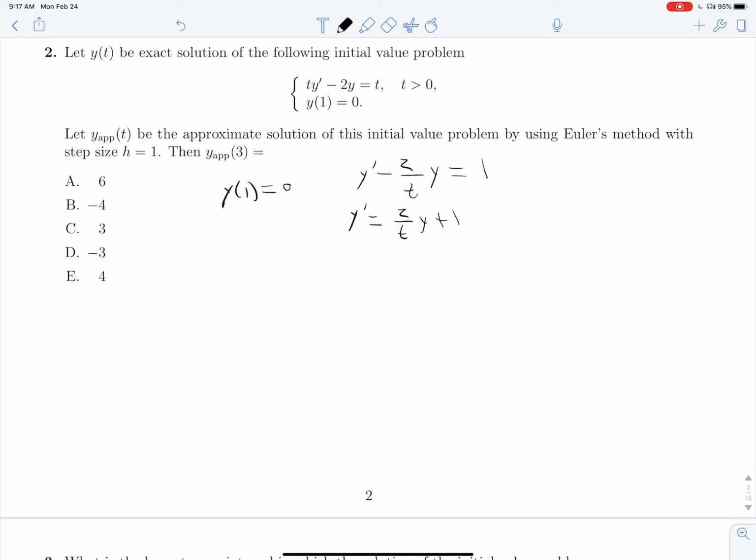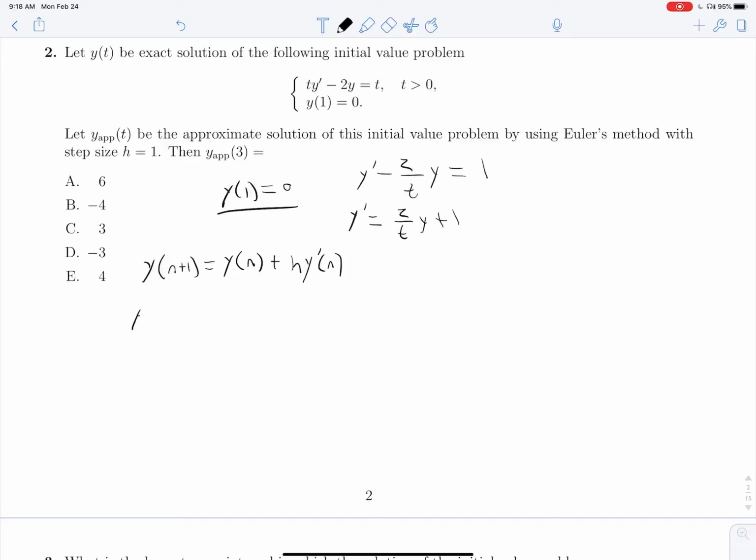So we can use this initial condition, y at 1 equals 0, to start plugging things in to figure out our solution. And in general, the equation for the next approximation, so y at n plus 1, is equal to y at n plus h, our step size, times y prime evaluated at n.